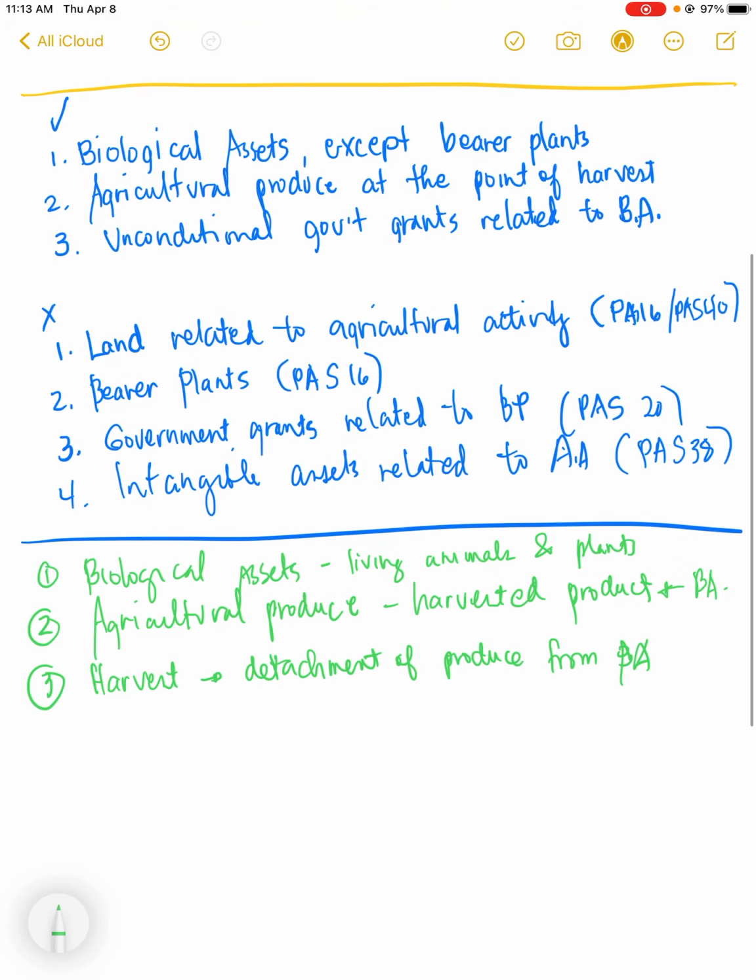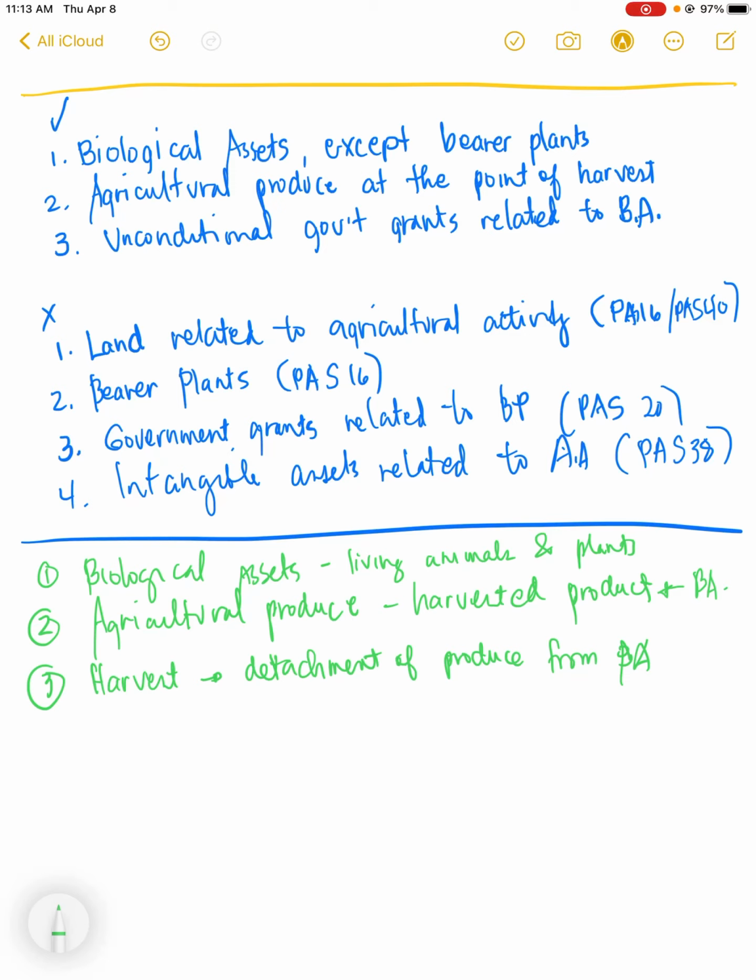Now, as example ng biological assets, kagaya ng nasabi ko, pigs, sheep, sugarcane. In terms of agricultural produce naman, samples natin, wool, harvested cane, milk. Okay? So, ibig sabihin, sila yung kinukuha or napuproduce natin through our biological assets.